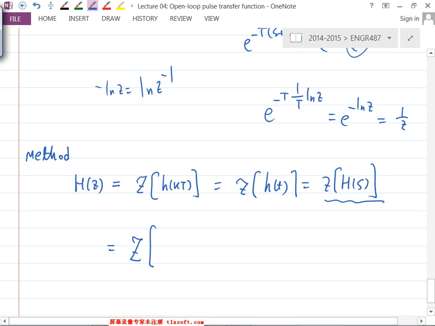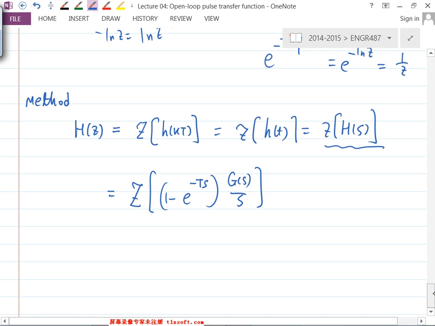Okay, so what h of s are we dealing with? We're dealing with this h of s here. This one doesn't seem to have what you need from the table, but I guess we can do a little bit of simplification first.